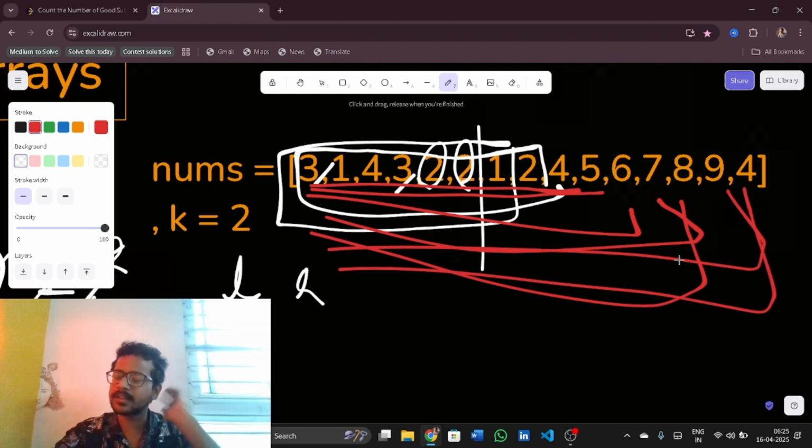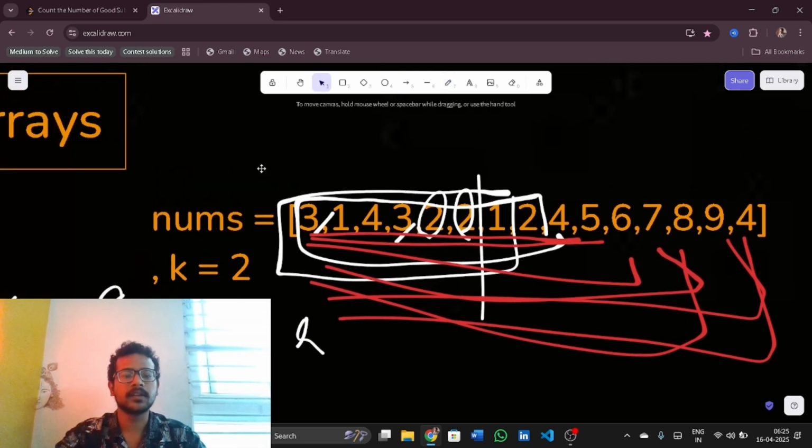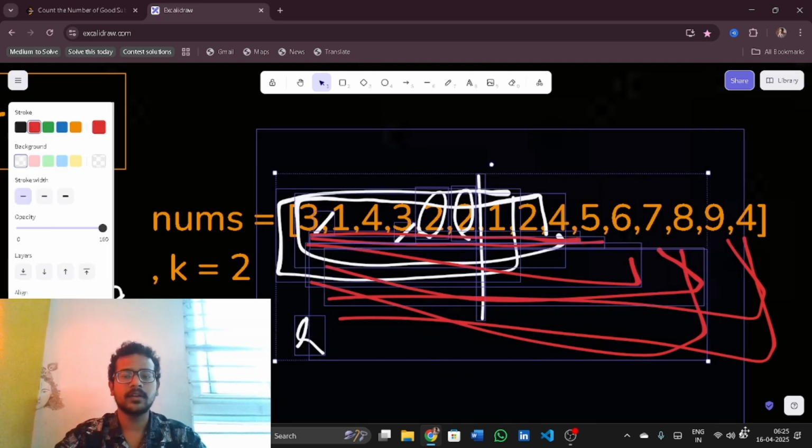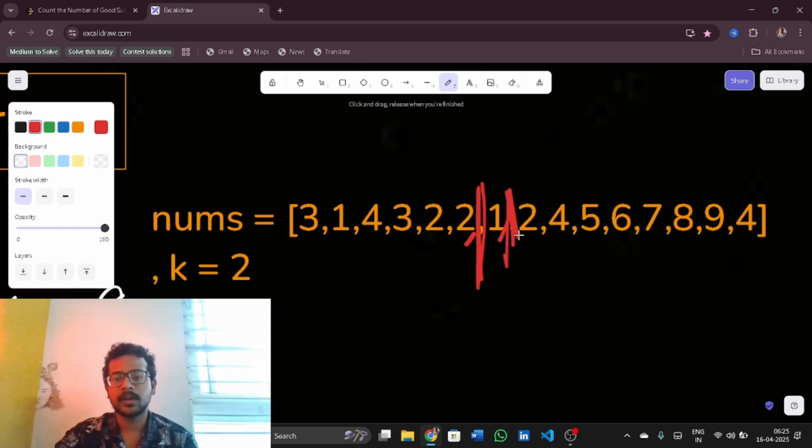So totally how many subarrays did I get here? Let me remove all these things. Wait a second. Till here it was totally two pairs, exactly k pairs. This is one subarray, this is the second subarray, third, fourth, fifth, sixth, seventh, eighth, ninth, and 10th.